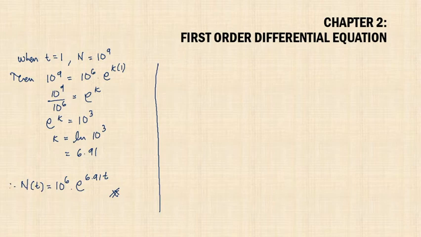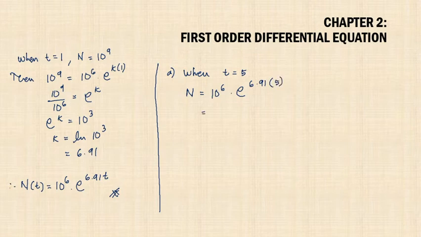For question (a), we want to find the number of bacteria after 5 hours. When t equals 5 hours, we substitute t into the equation, so we have n equals 10 power of 6 times e power of 6.91 times 5.